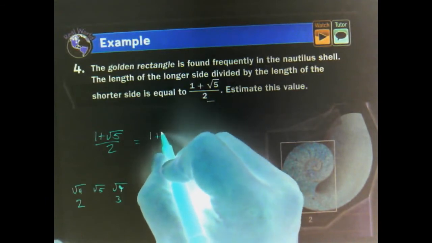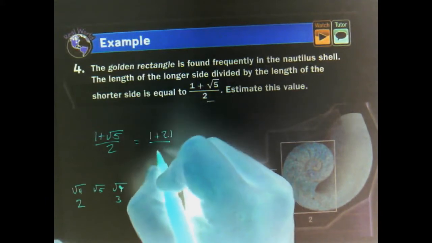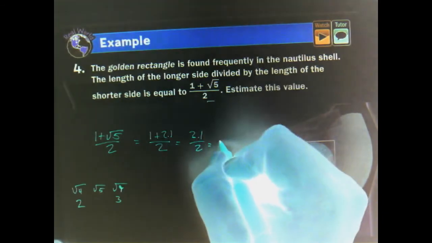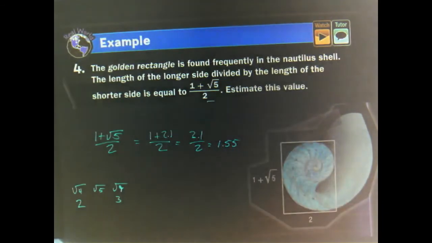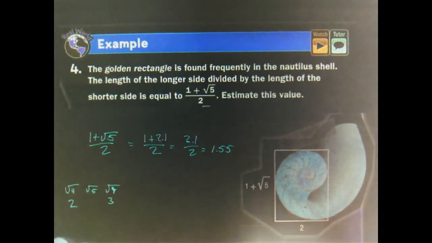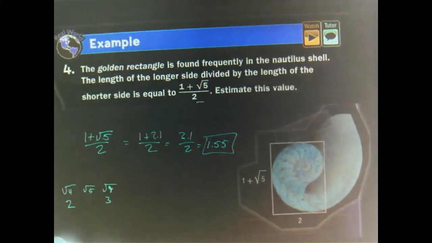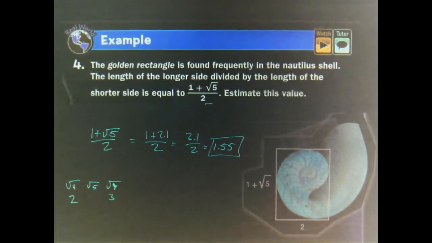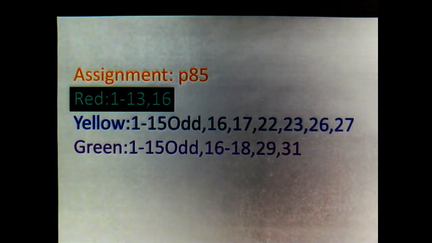So 1 plus 2.1 over 2 is 3.1 over 2, which is 1.55. Now this value has been estimated, and I've answered my problem. So estimate your irrational numbers, or approximate your irrational numbers, and then you just solve the problem and evaluate.